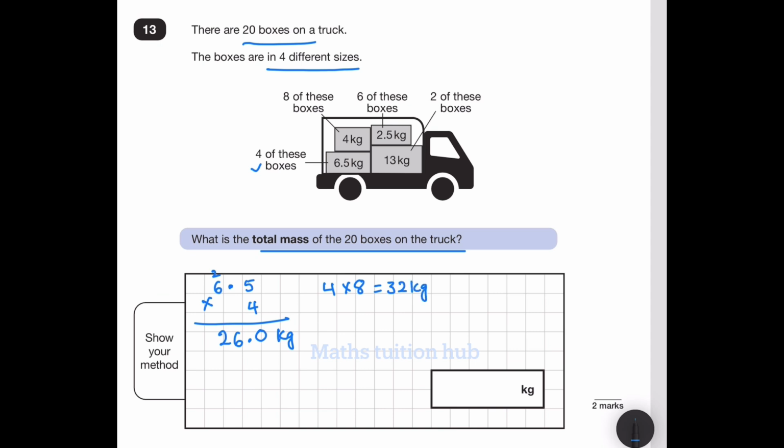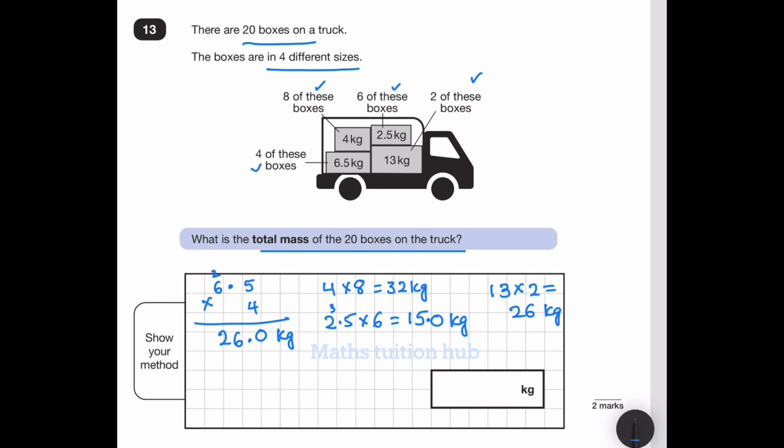And next 6 boxes, 2.5 kg each. So 2.5 times 6 is 30, and 15 with the decimal point, so 15 kg. And the next one is 2 of these boxes, 13 each, so 13 times 2, which is 26 kg.